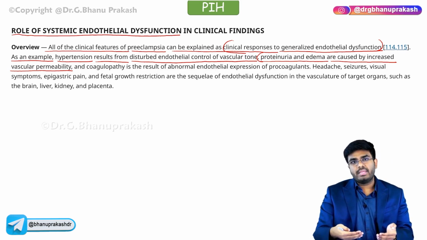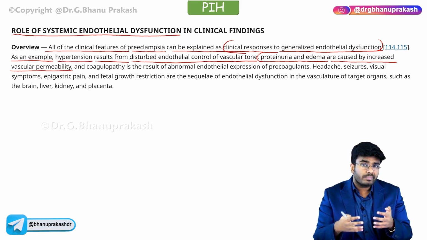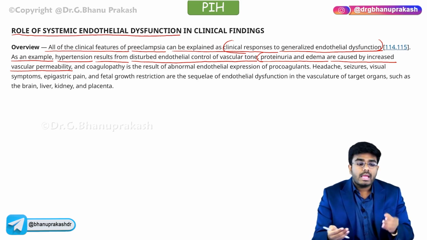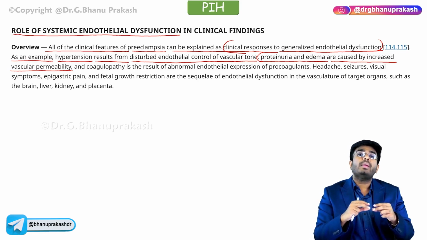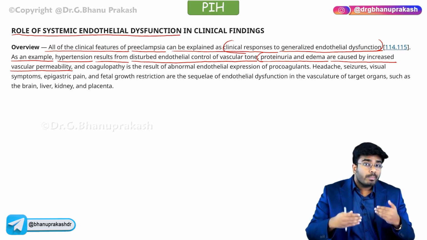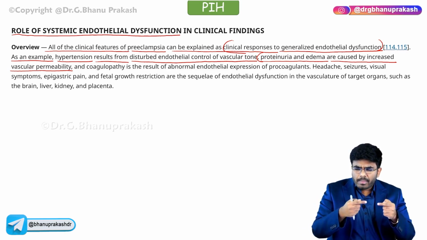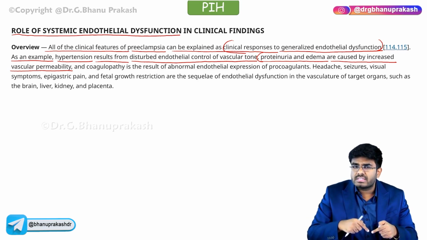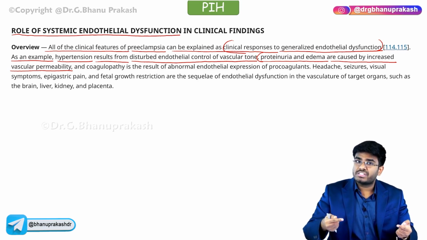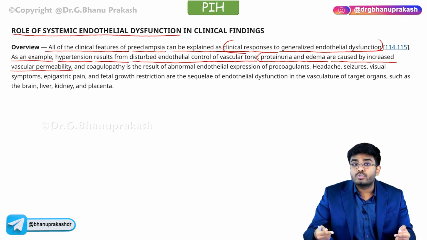The same thing is happening here. Because of the inflammatory mediators, the blood vessels become more permeable, more leaky. Whenever they are more leaky, the plasma from the blood vessels is going to come into the interstitial space or the third space, that leads to edema.